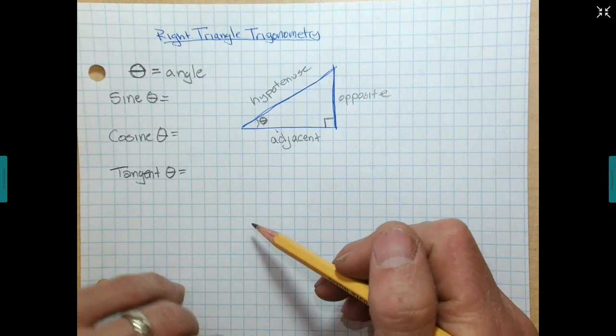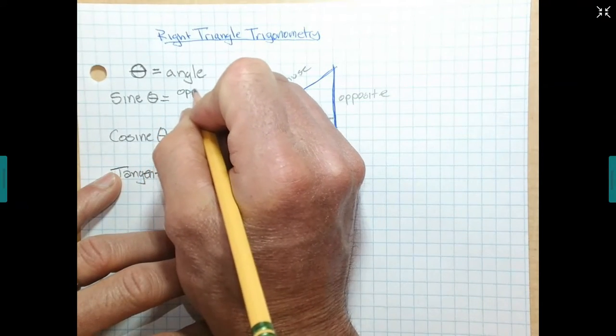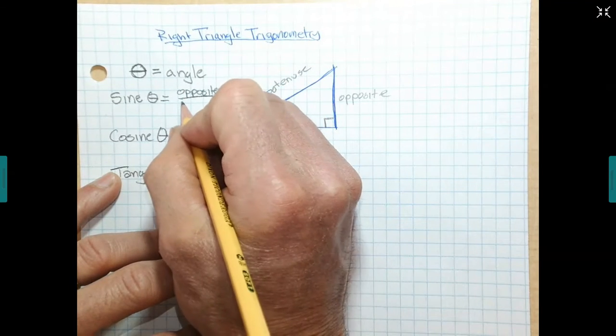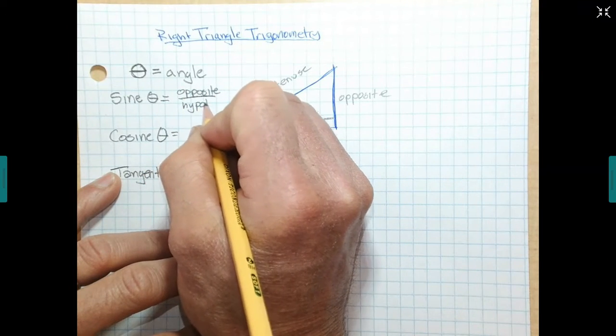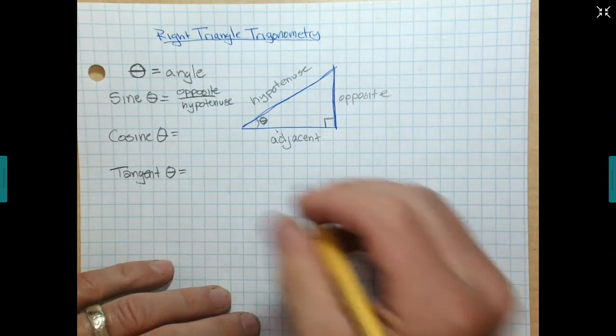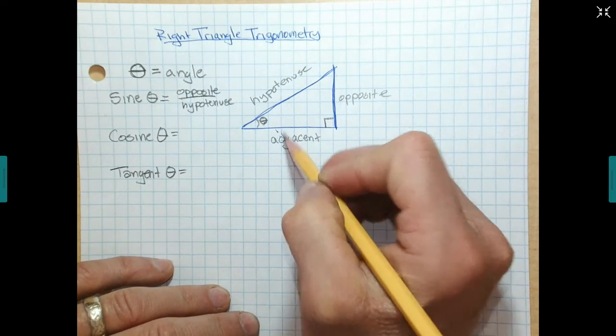What is sine? Sine is opposite over hypotenuse. What's cosine? Cosine is the adjacent side over the hypotenuse.